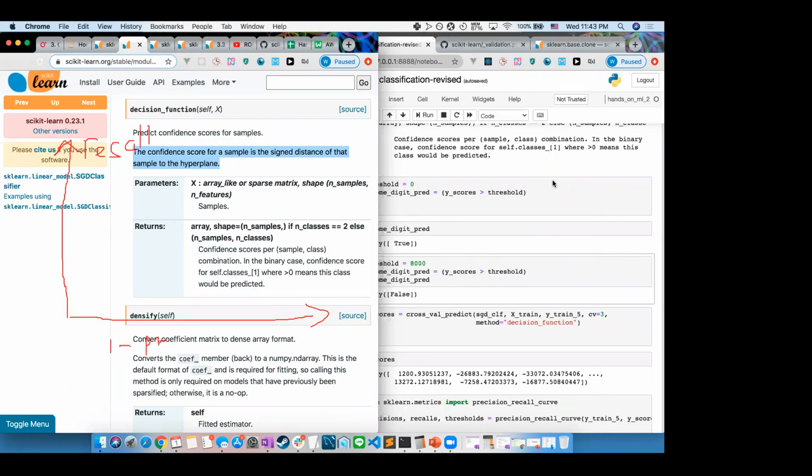Basically, on the horizontal axis, it's specificity. So 1 minus specificity is the false alarm probability. You can think of them as the true positive rate and the false alarm rate. So that's what we're plotting here: the false alarm rate versus the recall.